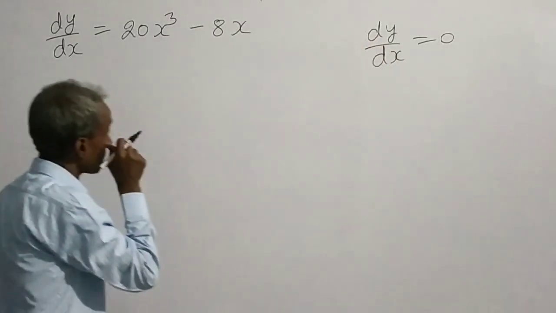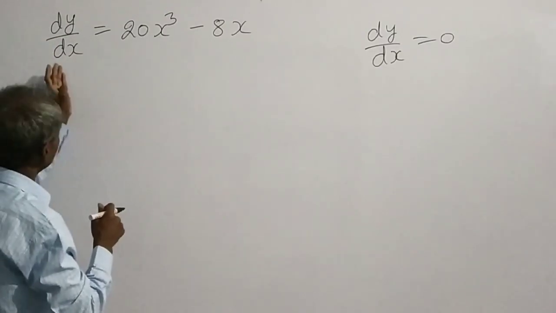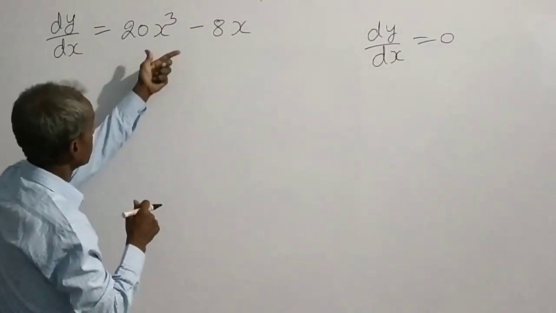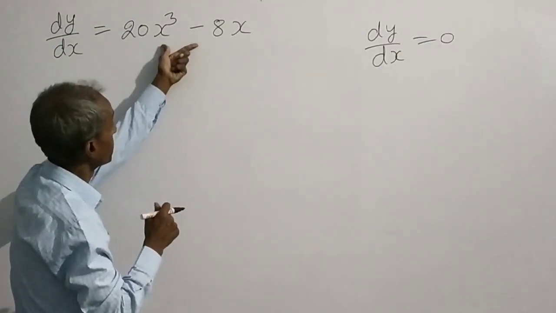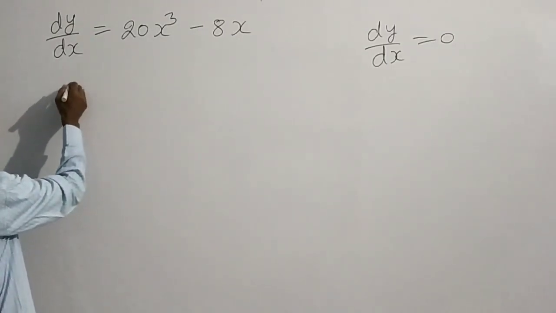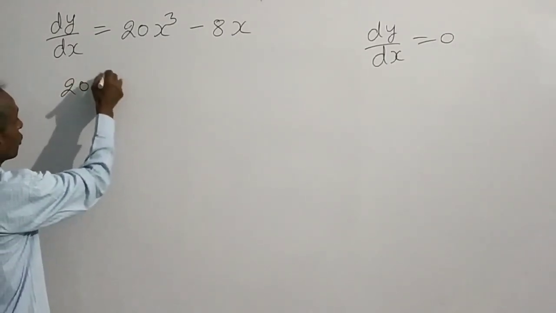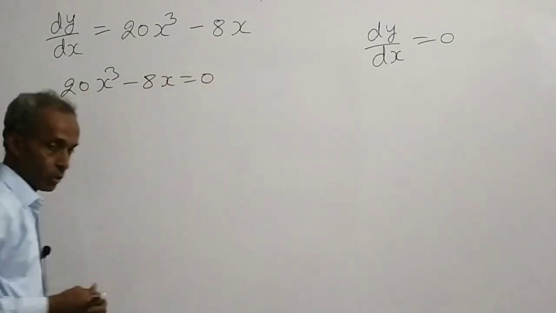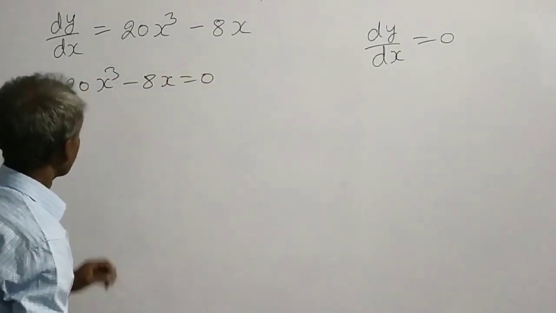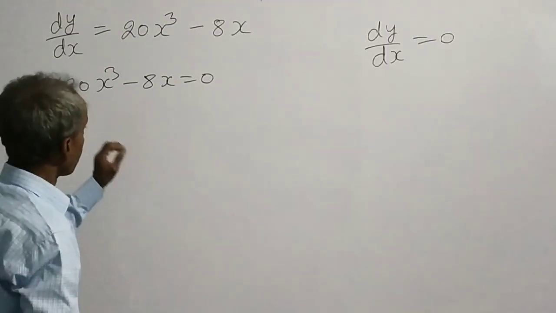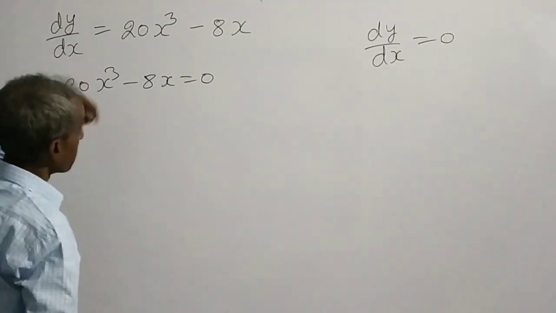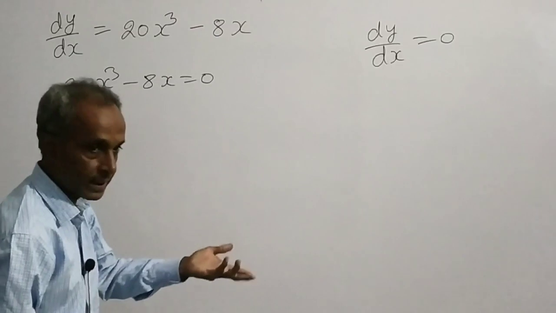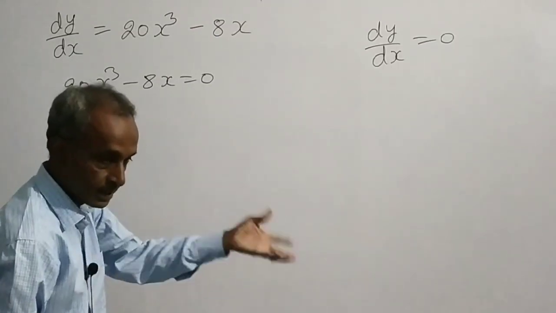We write the equation dy/dx is equal to 0, where dy/dx is this. That means 20x cube minus 8x is equal to 0. That means we want to know for which x dy/dx is 0.